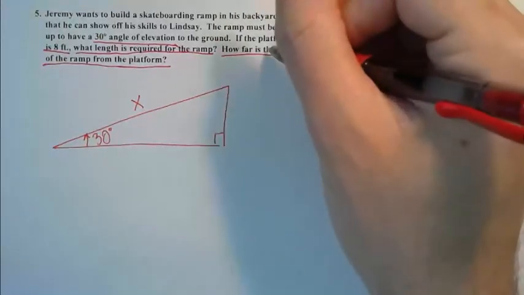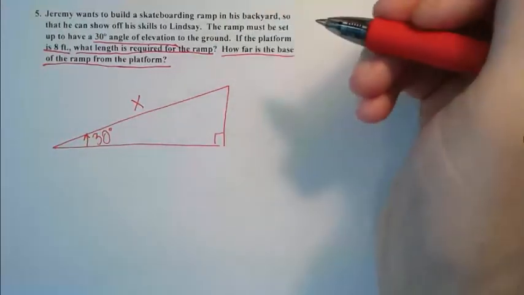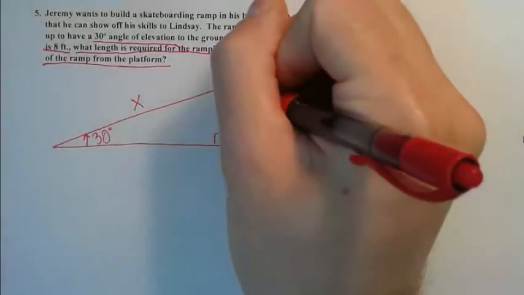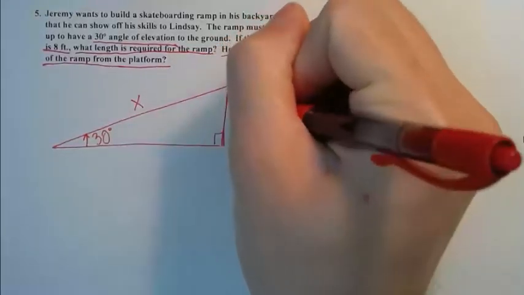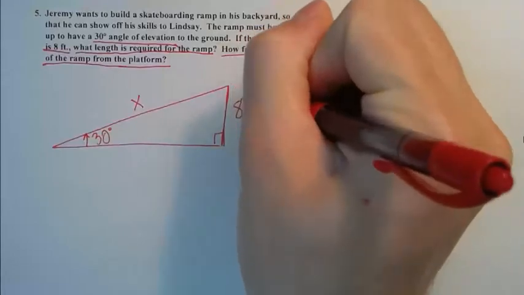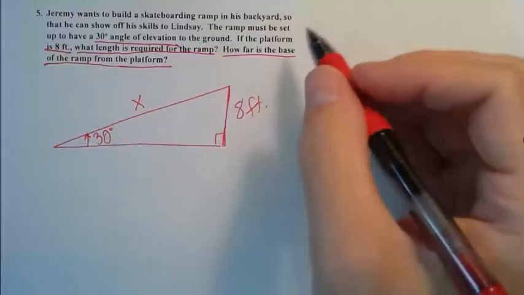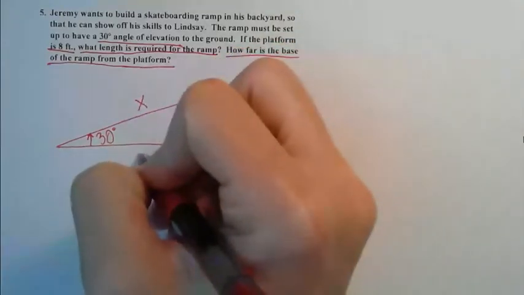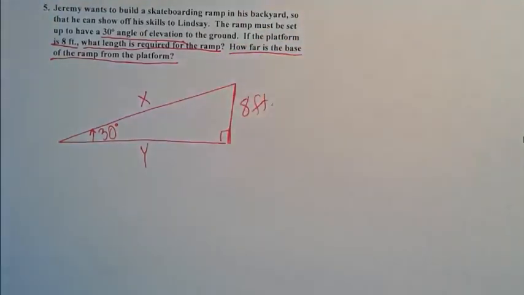How far is the base of the ramp from the platform? Our platform that they're talking about, I think they're talking about this far side being 8 feet. And then they're also asking about this y value right here.